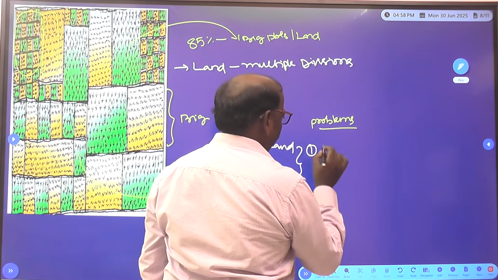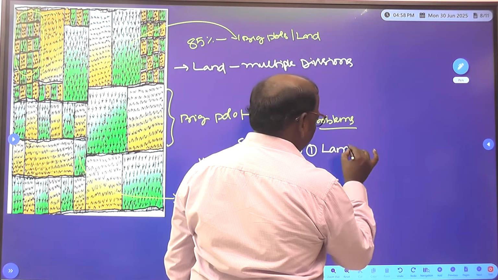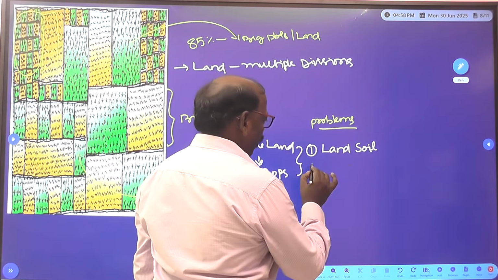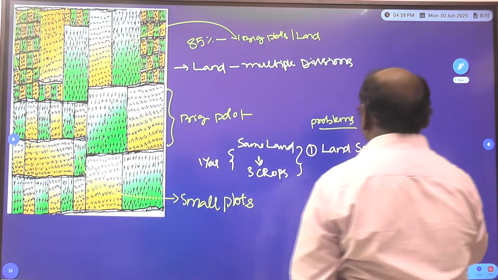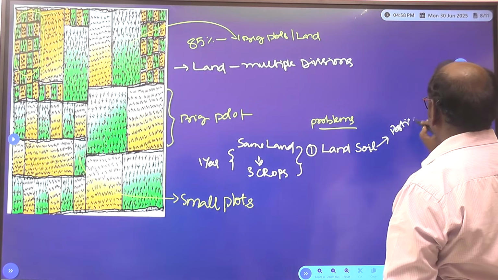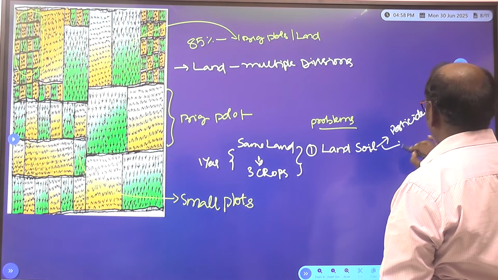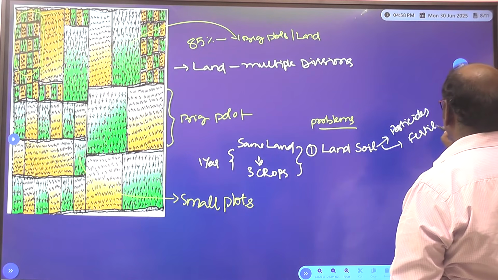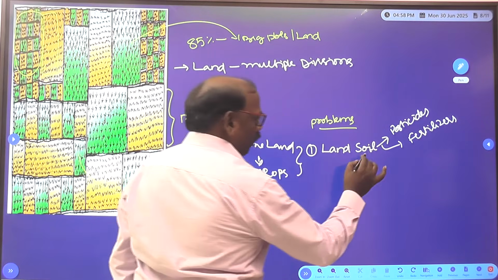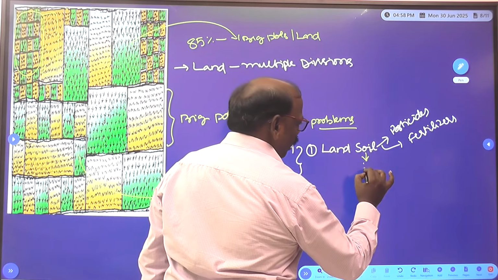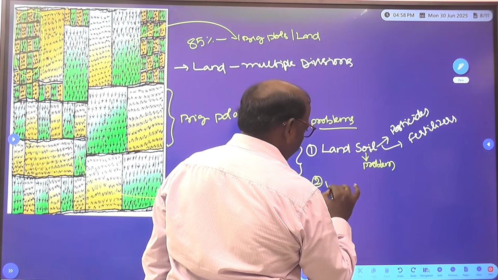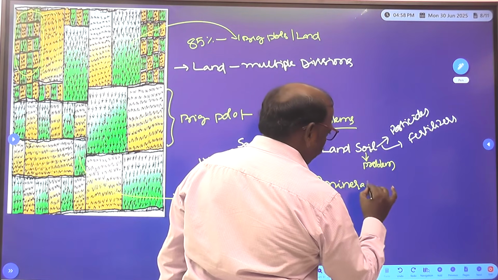One is the land soil will get a problem, because we are using pesticides and fertilizers. So the land soil will get a problem. Next is minerals will get dissolved.